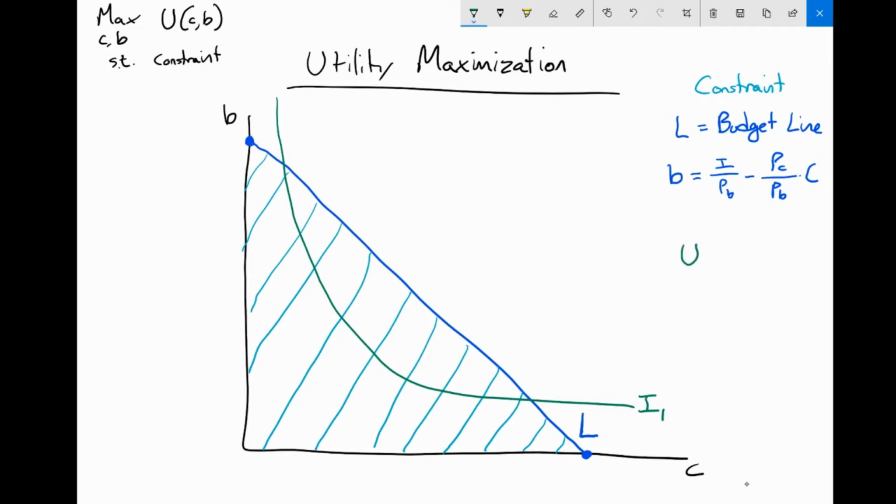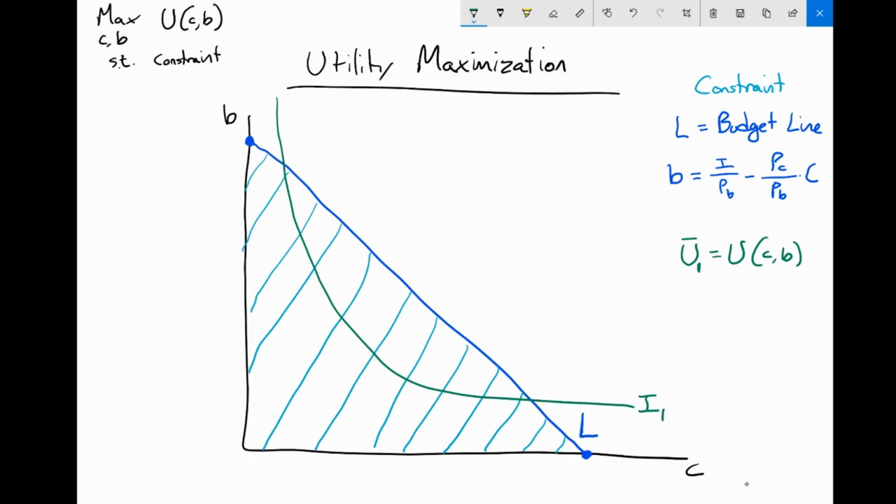So if you remember, we can represent it like this. This indifference curve is all the possible combinations of coffee and bagels that allow the agent to achieve the level of utility U bar 1. So the agent gets the same amount of utility from every possible combination of bagels and coffee that lie on this line.